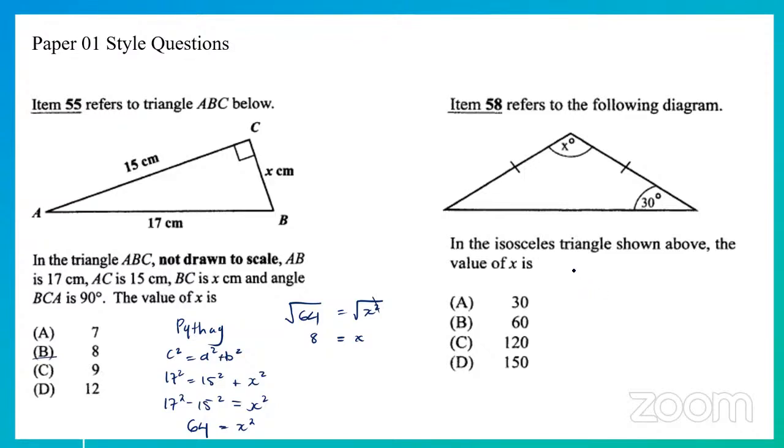So the main idea of an isosceles triangle is that the angles at the base of the triangle, which are the angles that are at the base of the equal sides, both of them are equal. So there are only two equal sides in an isosceles triangle, and the angles at the bases of those sides are equal. So here we have our two equal sides being shown by our ticks there.